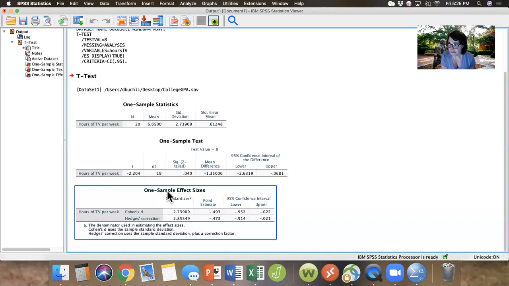So we want to include our obtained t-statistic, okay, which is the negative 2.204. We want to include our degrees of freedom in parentheses, and we would want to include the p-value that we obtained, okay? So we have our t-statistic, our degrees of freedom in parentheses, and our p-value, okay?